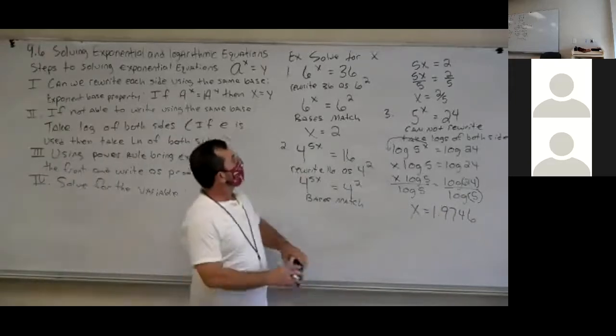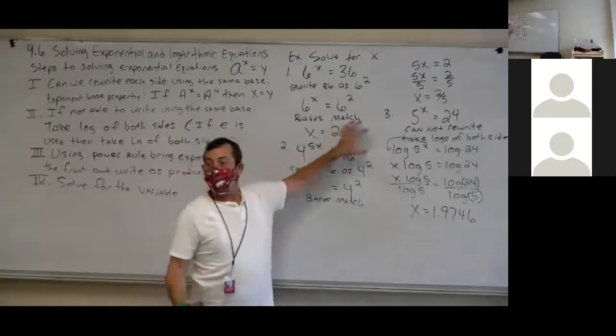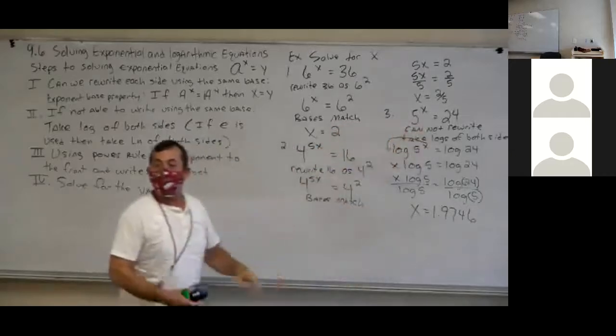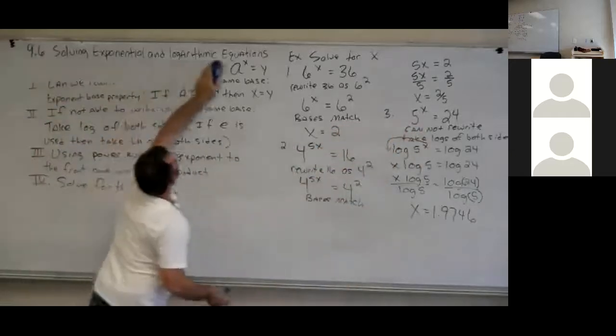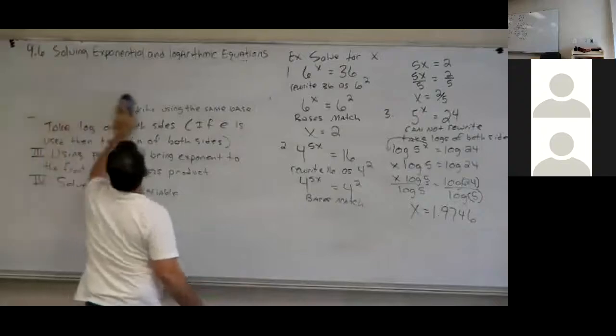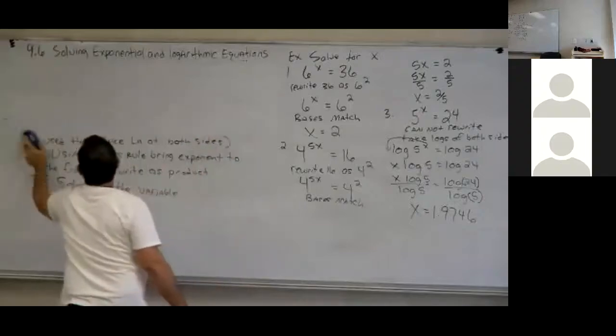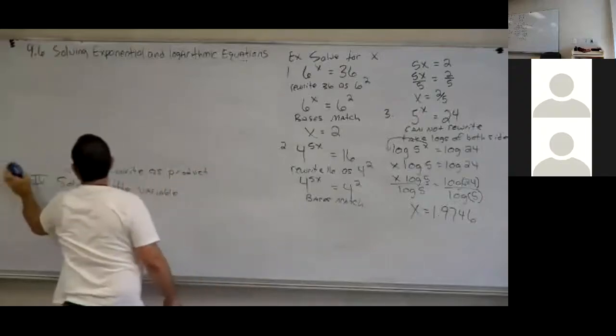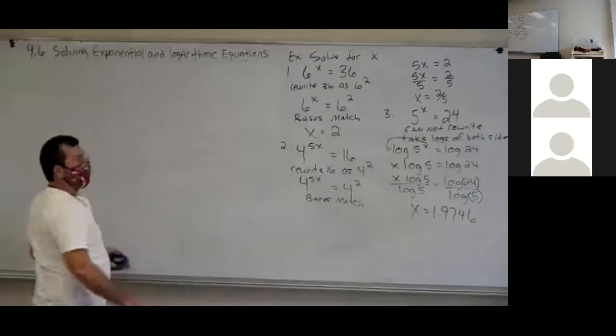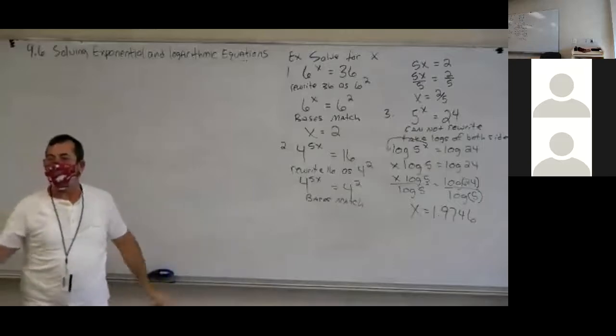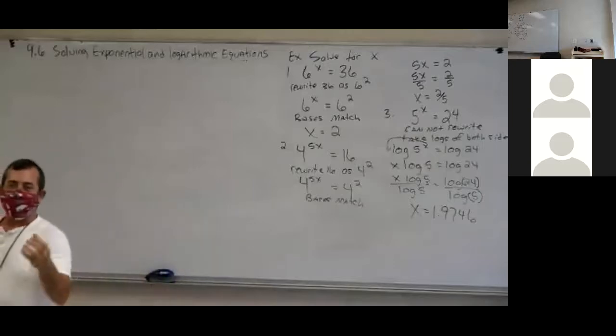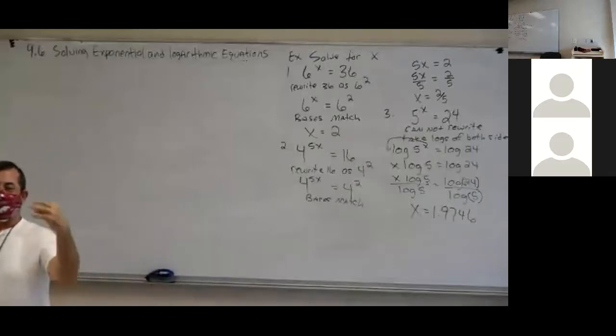So you like it when you can rewrite them, but if not, take those logs and bring them exponents down. That way we can actually solve for them exponents. And that's why Isaac Newton invented logarithms, so we can solve for variables when they are those exponents, okay?